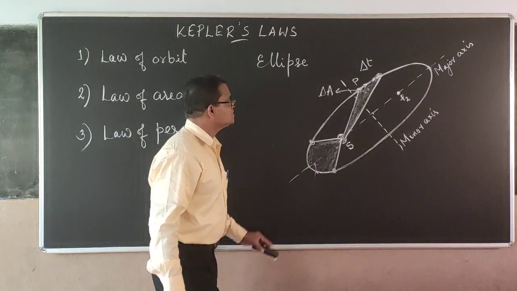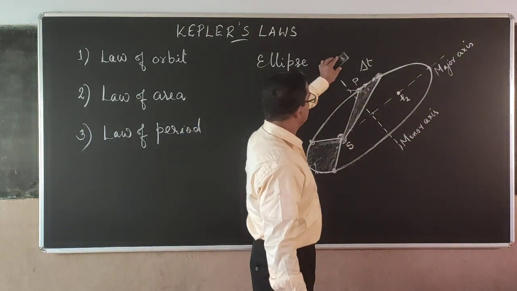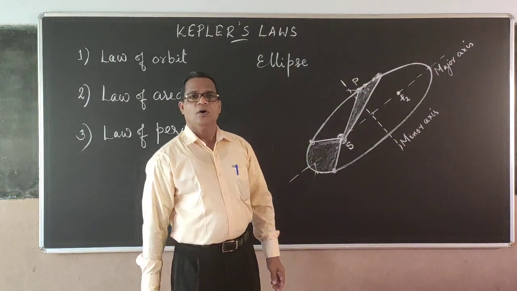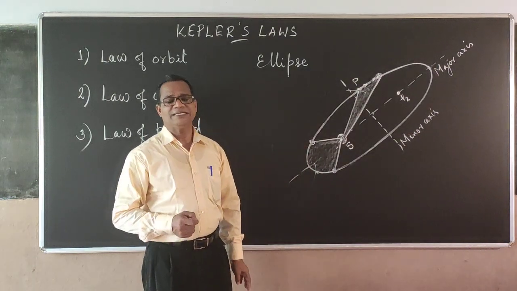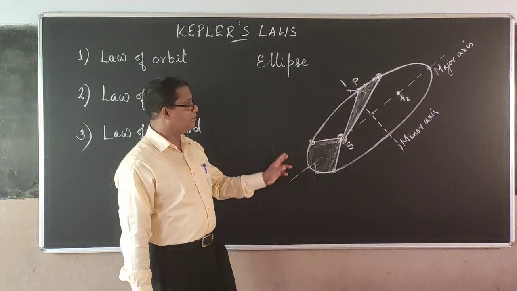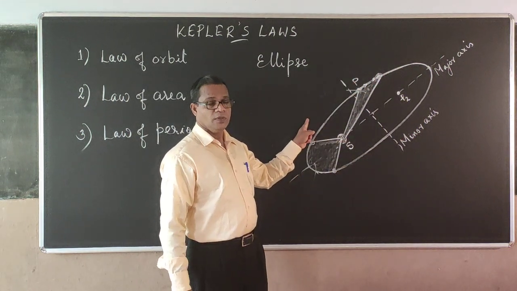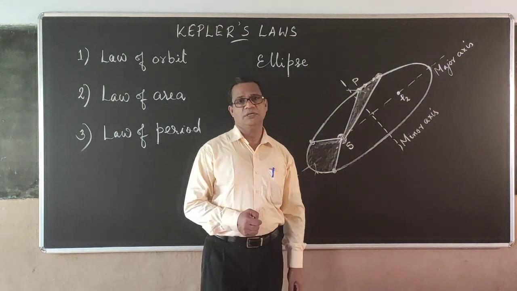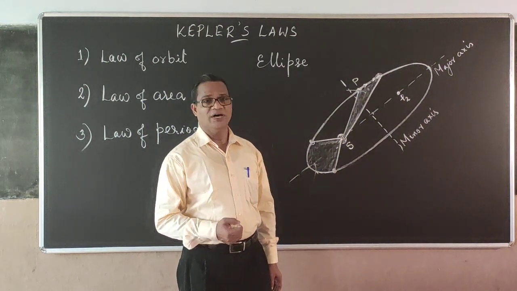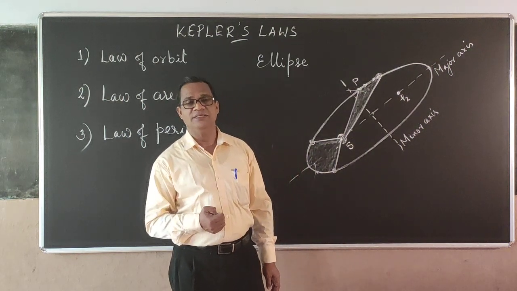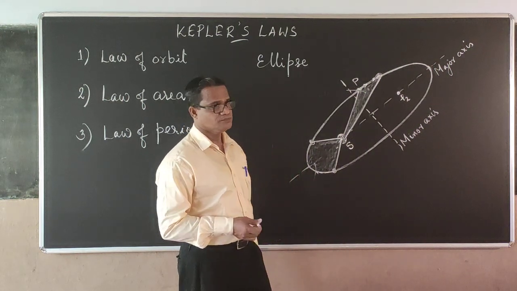Now, what this law says, let's see, that the square of the time period of revolution of the planet around the sun is directly proportional to the cube of the length of the semi-major axis of its elliptical path.